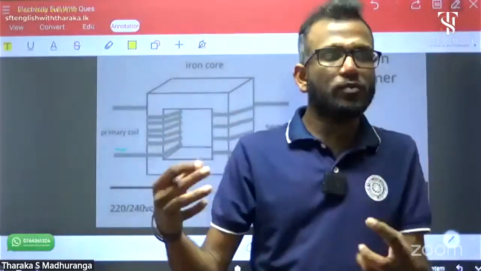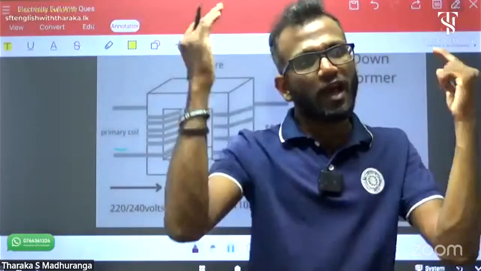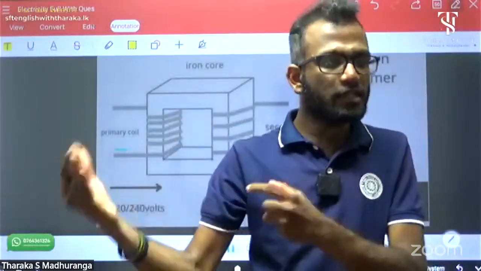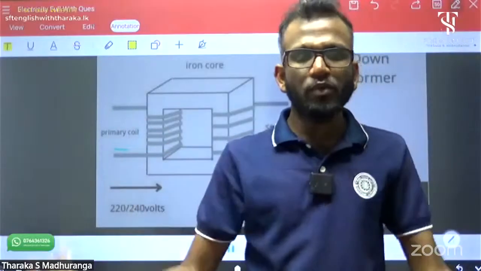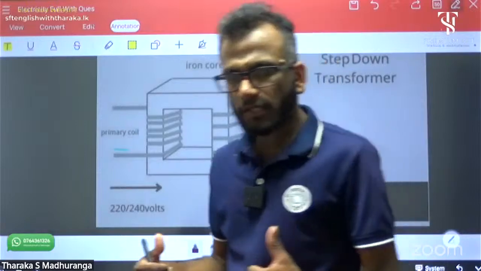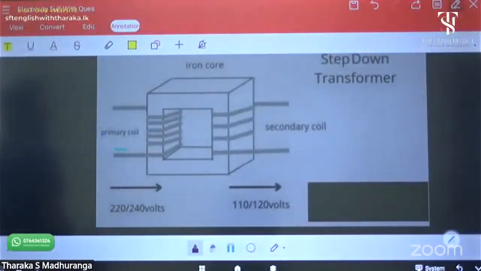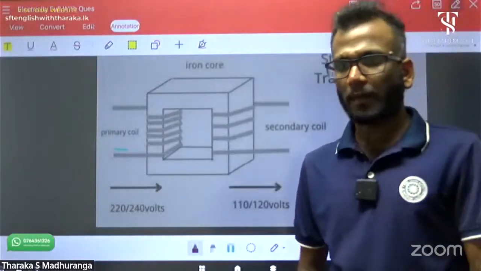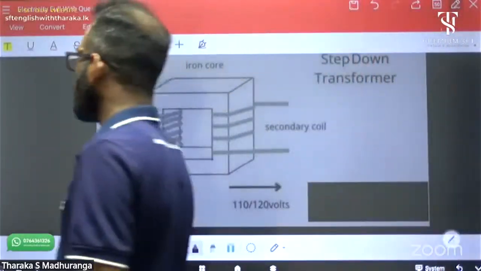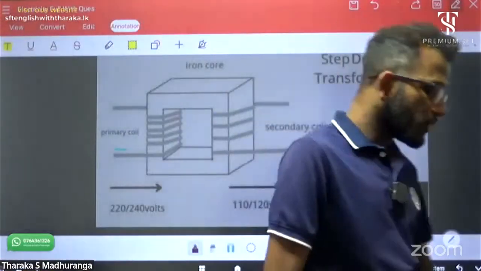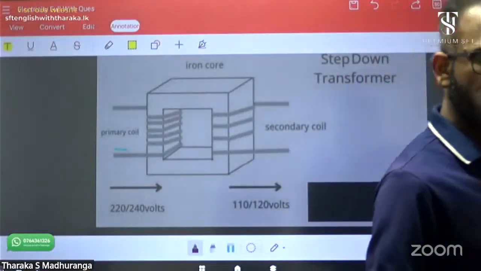Step down transformers in your village convert these higher voltages again into normal 230 voltage and distribute into homes, houses. Got it?